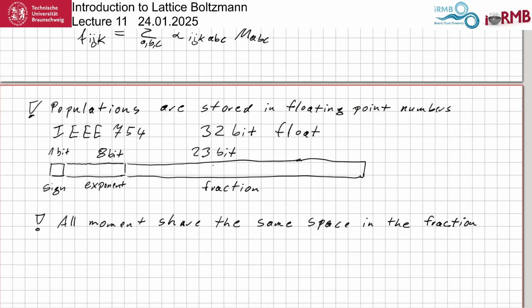This is a problem because, as we learned from asymptotic analysis, these things come at different sizes or scales.